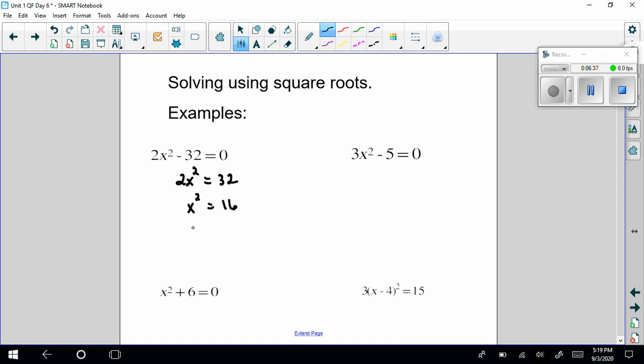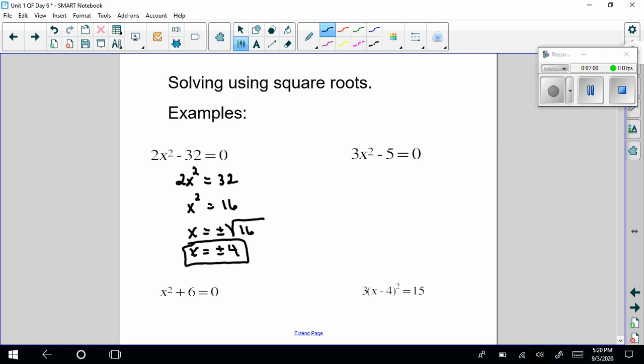And then hopefully you remember to solve for an x squared, you take the square roots of both sides. You've got to remember that plus minus. So you get x equals plus or minus 4. So two solutions, positive 4 and negative 4.